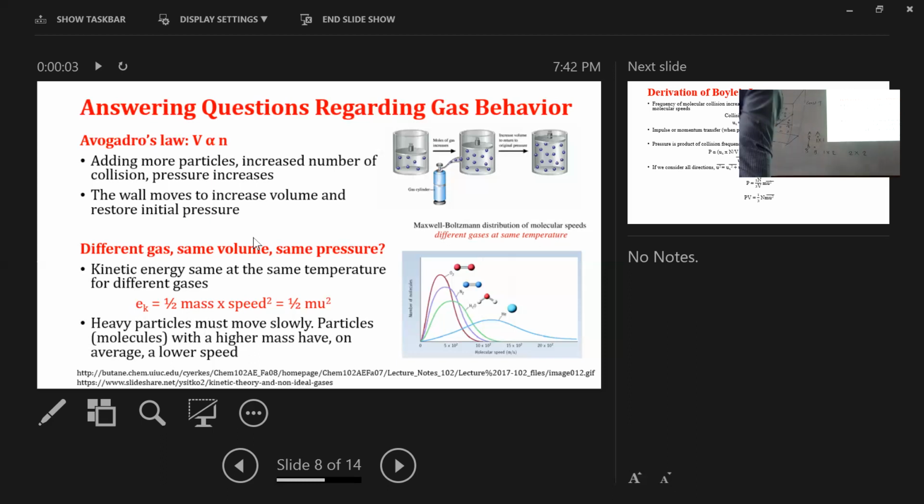How is it possible? There are all different types of gases. Now, what is the equation for kinetic energy? Half m v square, that is, half mass times velocity squared.